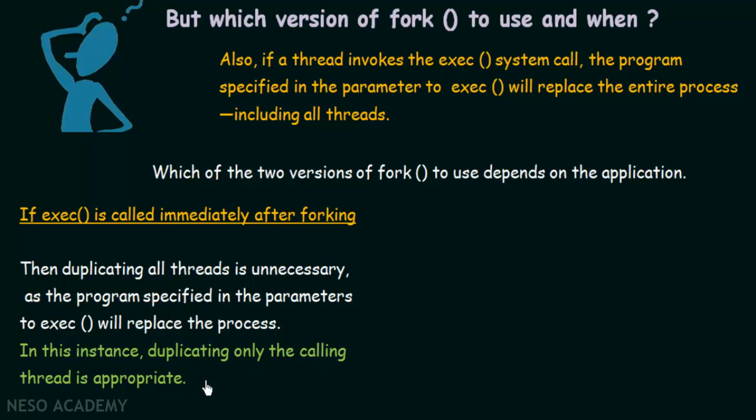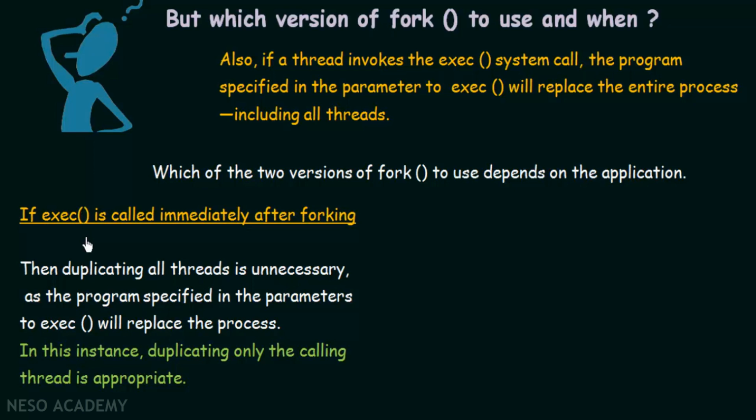Let us try to understand what this means. When we fork, the process is going to be duplicated. If exec is called immediately after forking, exec is going to replace the contents of the process by another process that is passed as a parameter.